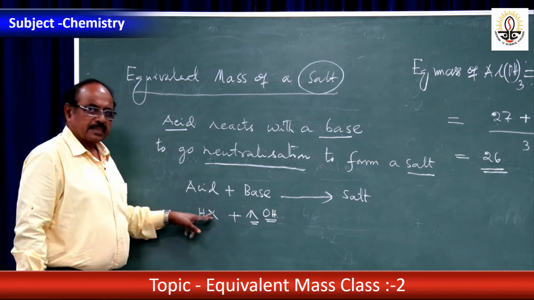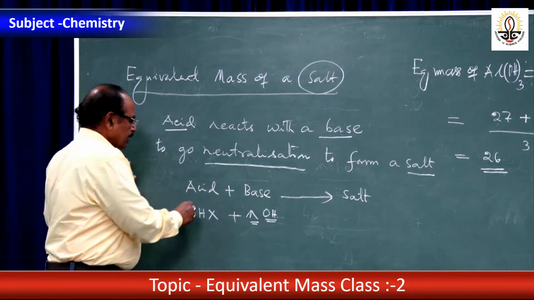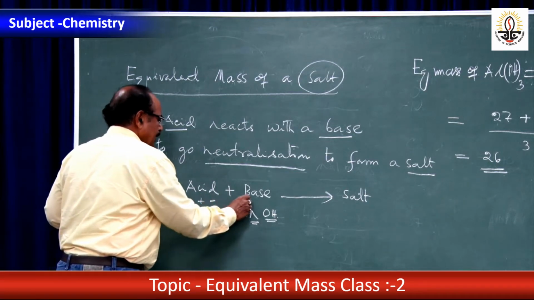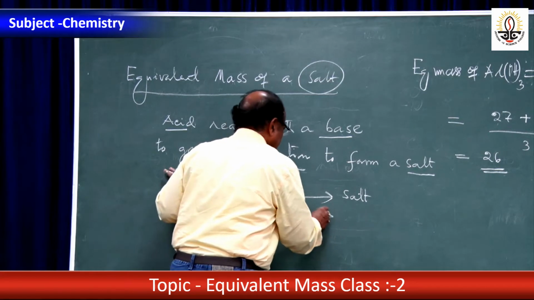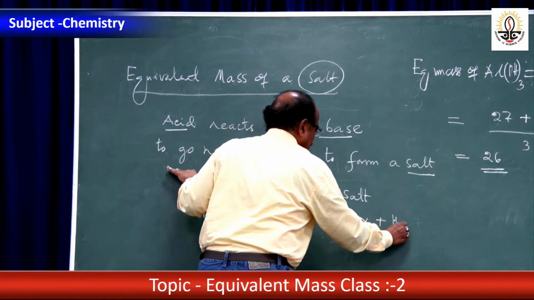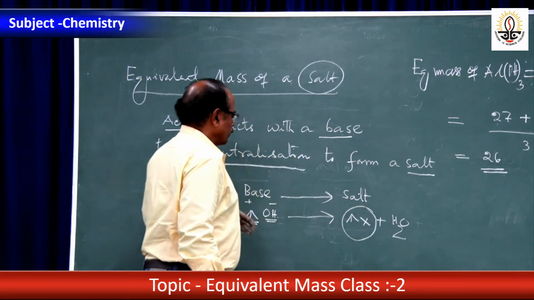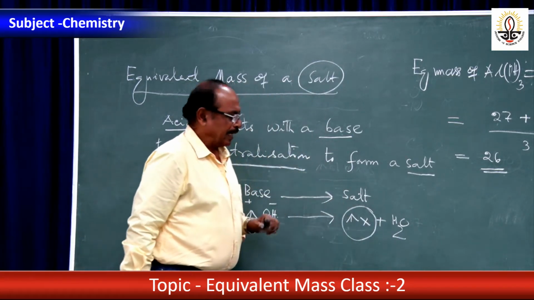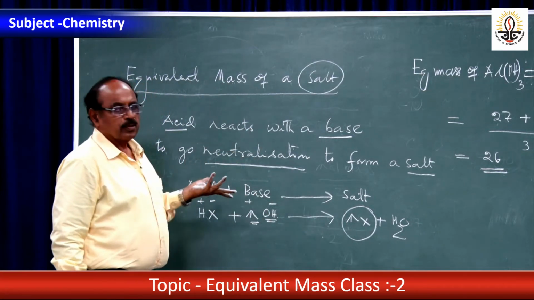So here H is plus, X is minus, M is plus, OH is minus. This will form MX and water. MX is our salt. This salt is neutral, hence the reaction is called neutralization.